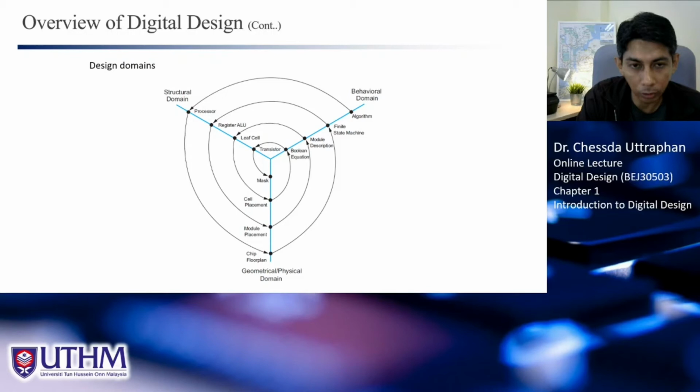The design domain is viewed by, or can be represented by, this chart. This chart is called a Y chart. If you go to Google and search for Y chart, it will give you this. Another name is the Kuhn-Gaski chart, which was introduced by that guy, Kuhn-Gaski.